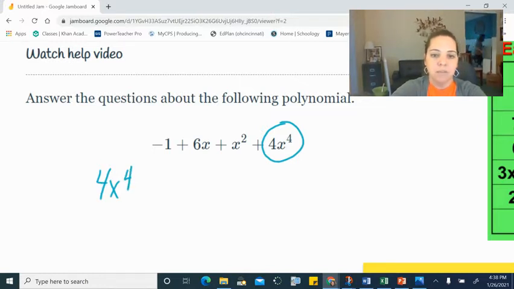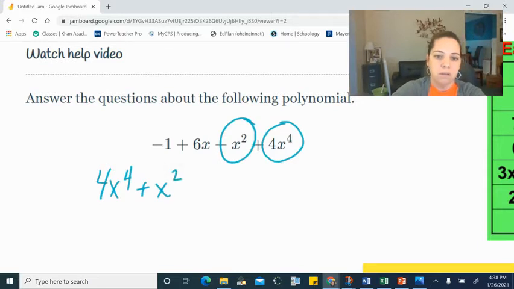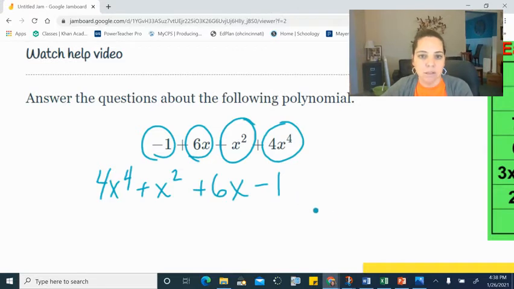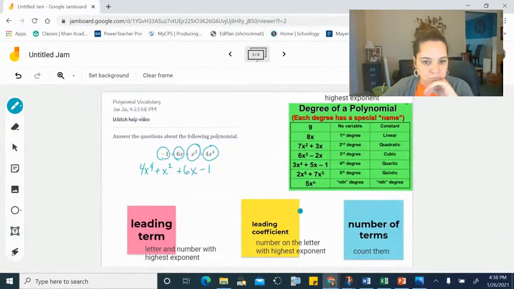The next highest exponent, x squared. Next highest exponent, 6x. And then this little guy that has no variable whatsoever. And be careful, that's a -1 out front, so we've got to put a -1 in here. Okay, so there it is in the right order.